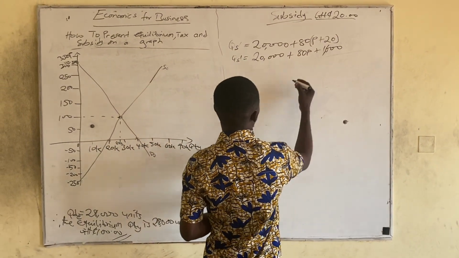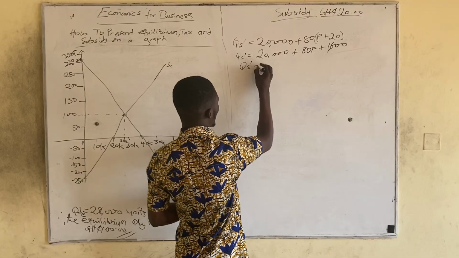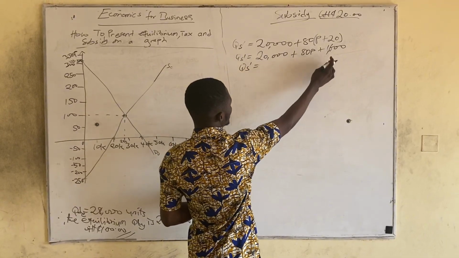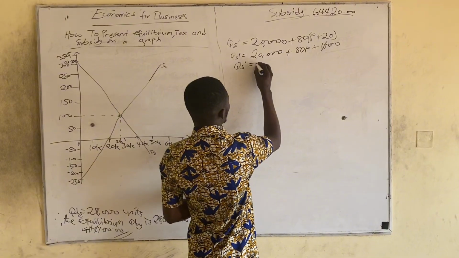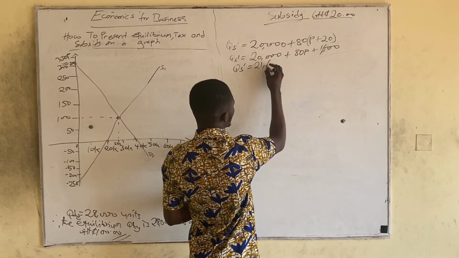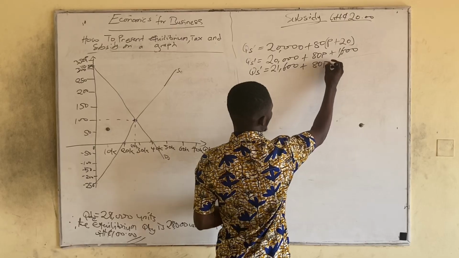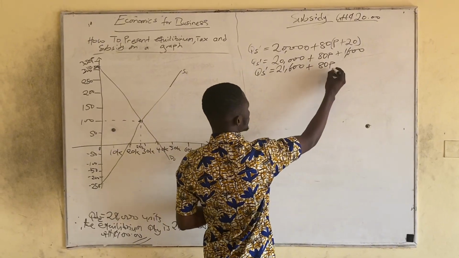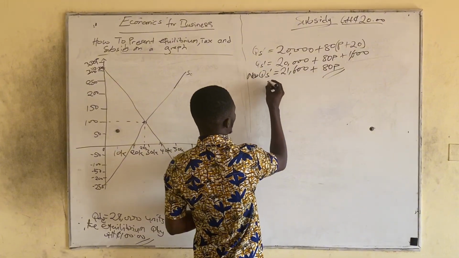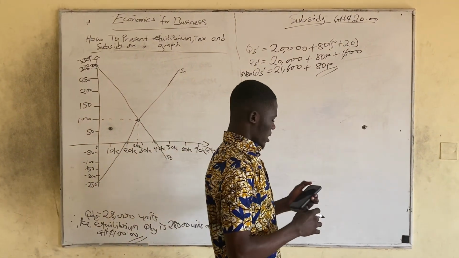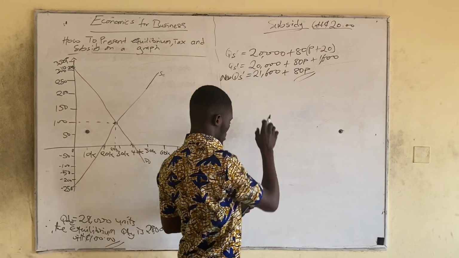Now let's add it to this: new quantity supply will be 1,600 plus 20,000, you get 21,600 plus 80p as our new supply curve.